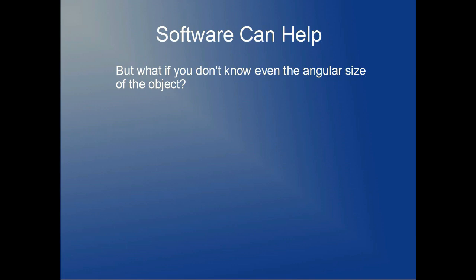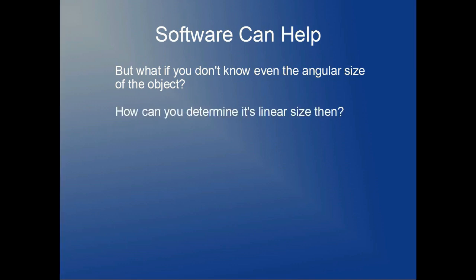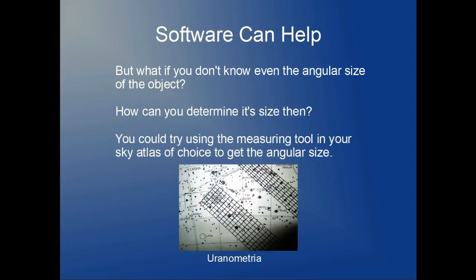For the smaller, dimmer deep sky objects, that can often be the case. How can we get to the linear size then? Well, we'll need to take a two-stage approach. Firstly, we should determine the object's angular measurement, and then, having got that, we can convert it into the required linear size.